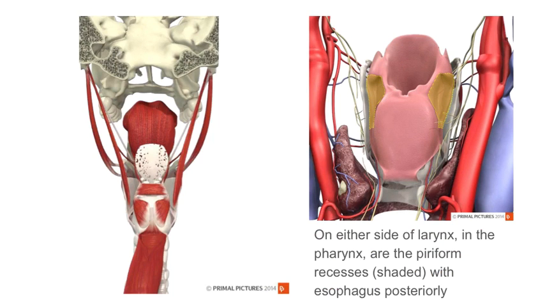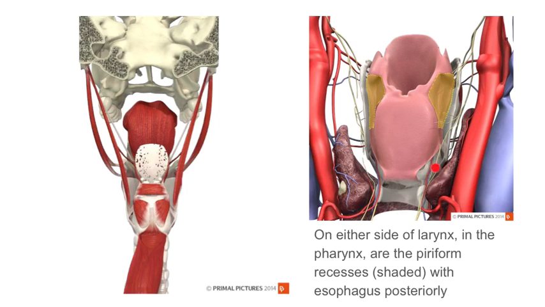This is the posterior aspect of the larynx and the relation of the various structures with one another. This is the tongue and the epiglottis, and this is the esophagus. The epiglottis will close up the glottic opening during swallowing to prevent aspiration.